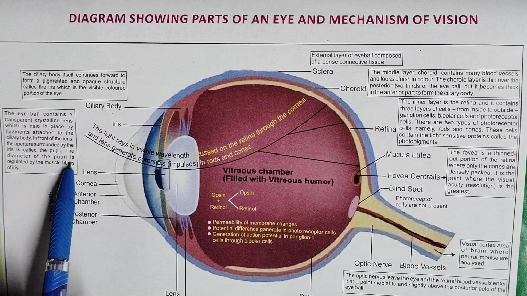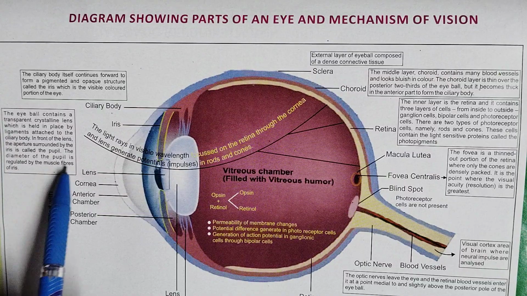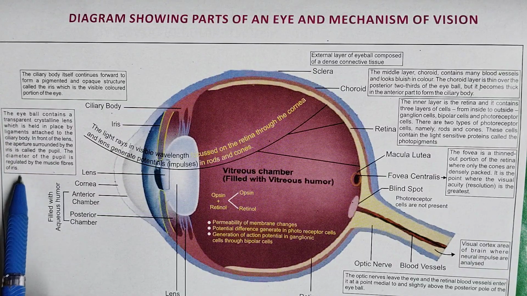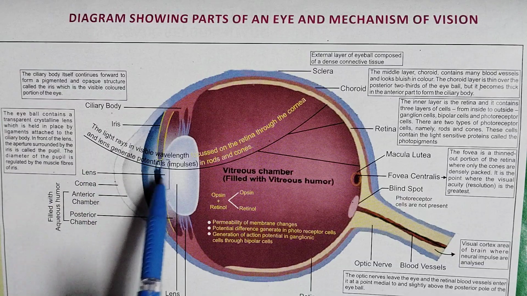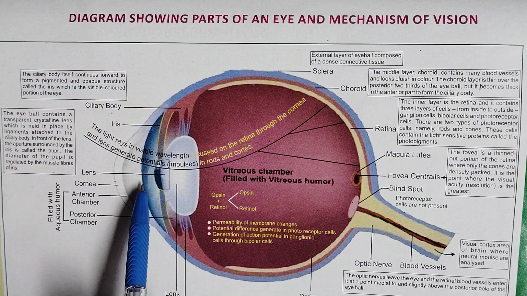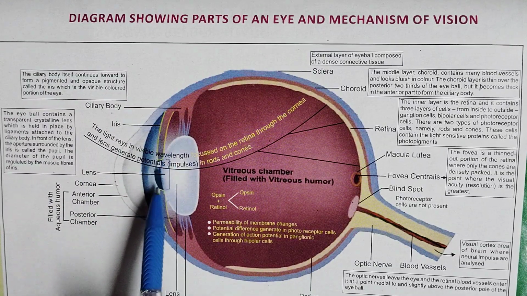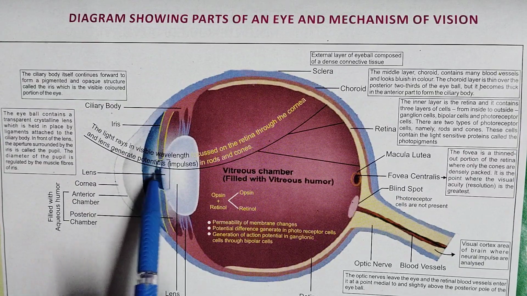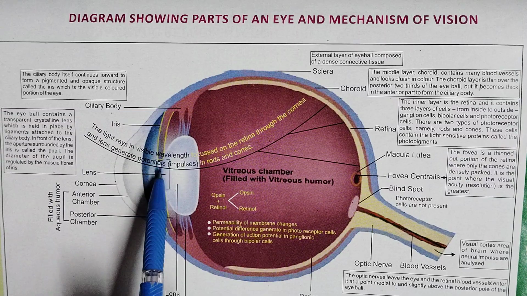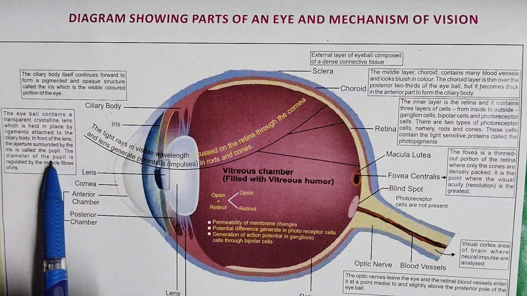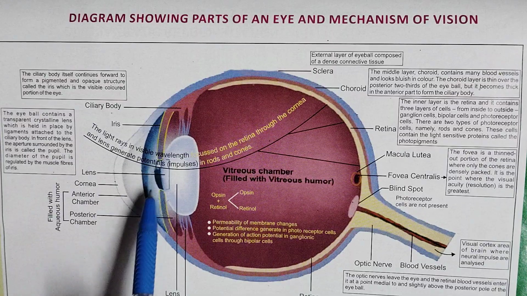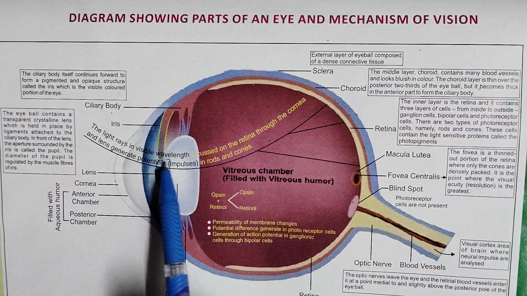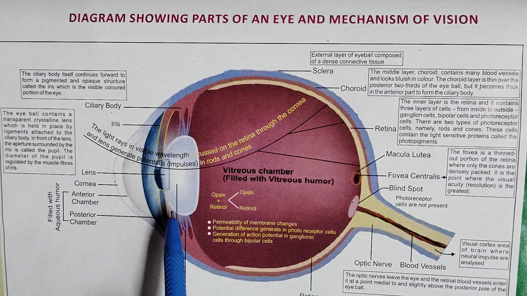The diameter of the pupil is regulated by the muscle fibers of the iris. This is the iris, and there is the pupil from which light enters. This opening is regulated by the iris.